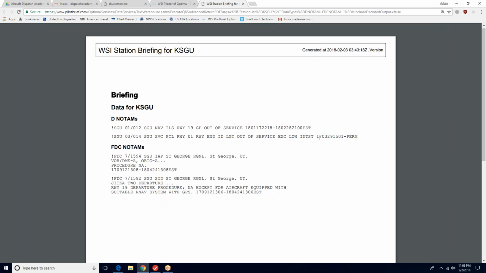And that is from March 29th, 2017, 1501 Zulu until, and then the PERM stands for permanent. So that's a permanent NOTAM. Obviously, it's been in there for almost a year now. So until they fix it, at least, that NOTAM's not going anywhere. It's permanently going to be in the system.